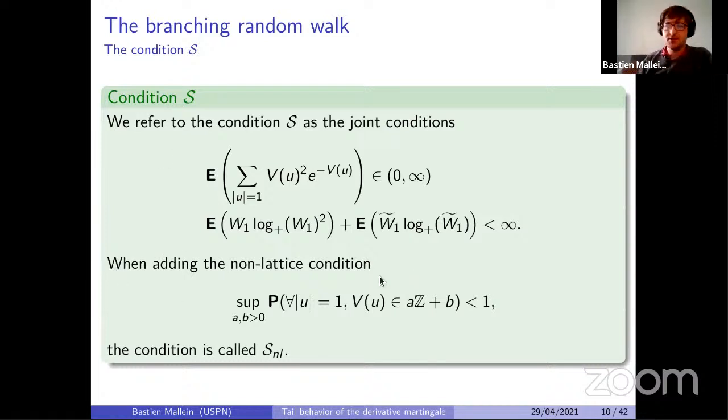And when I add the non-lattice condition, that there is no lattice on which the branching random walk stays trapped, I will call it condition S and L. So condition S is equivalent to the non-degeneracy of the limit of the derivative martingale, and S and L allows us to go a little bit further because we break the lattice conditions that can forbid some quantities to converge.